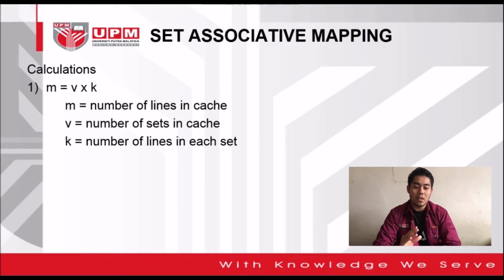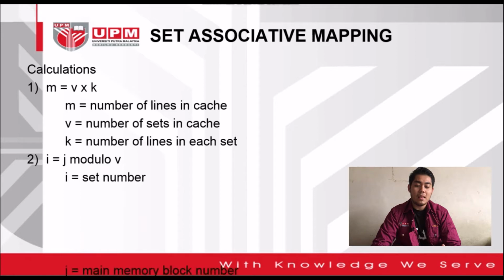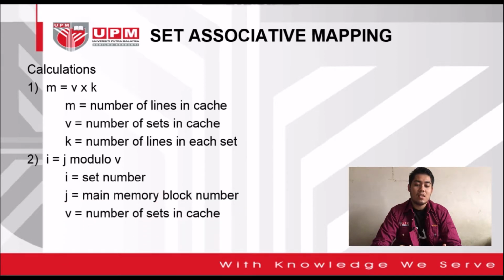So we need to multiply the number of sets and the number of lines to know the whole number of lines in the cache. To calculate the set number, we have to know the main memory block number and the number of sets in the cache. The formula is J modulo V. We address J as the main memory block and V as the number of sets in the cache.